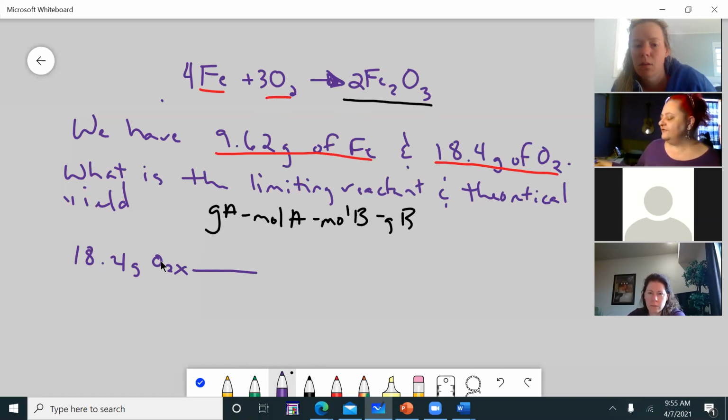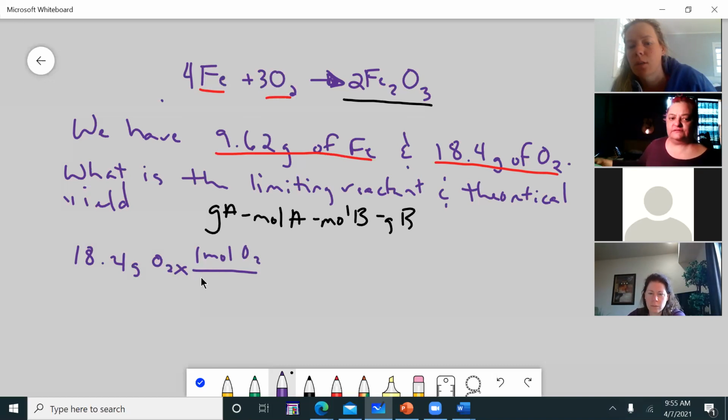Well, actually, I was a little confused about that too, because am I supposed to say 32? Yeah, so when you see it written as a diatomic, take into account that it has 2. Do you see how here this is 1 iron? This is 2 oxygen. So we do want to take that into account. So 1 mole of the O2 is actually going to be 32 grams.